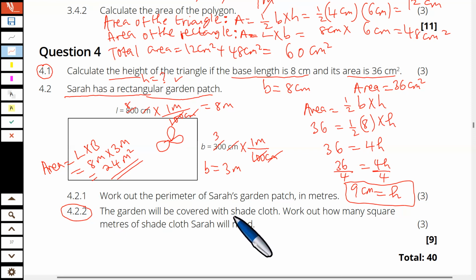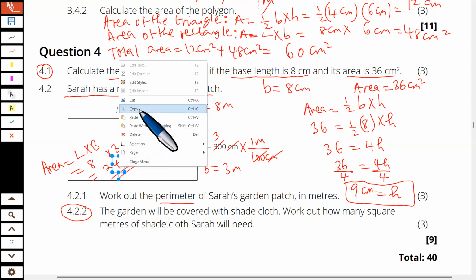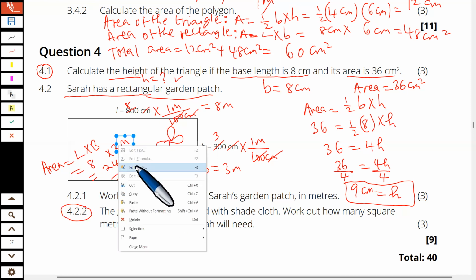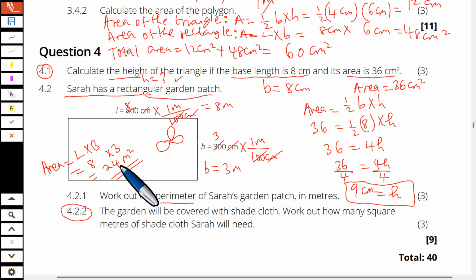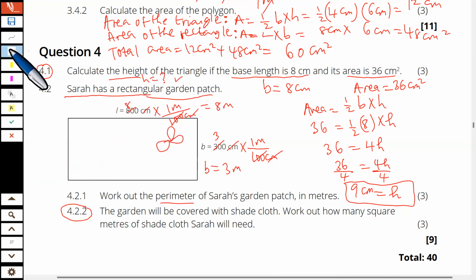Okay. Anyway, they wanted the perimeter, not the area. So the perimeter can be found similarly. Just note that. So we add everything and multiply by 2. So at this point, they want the perimeter.